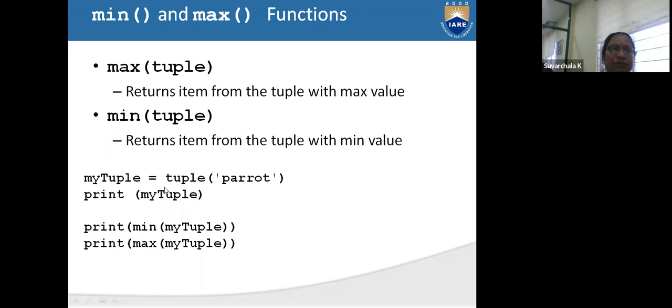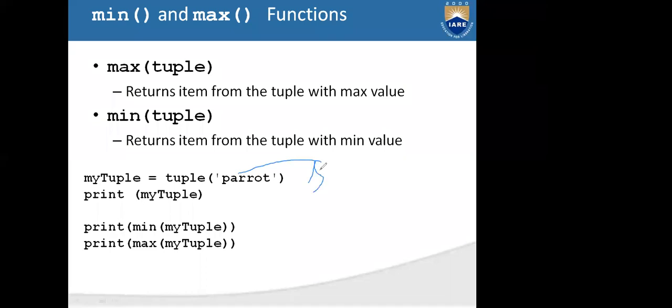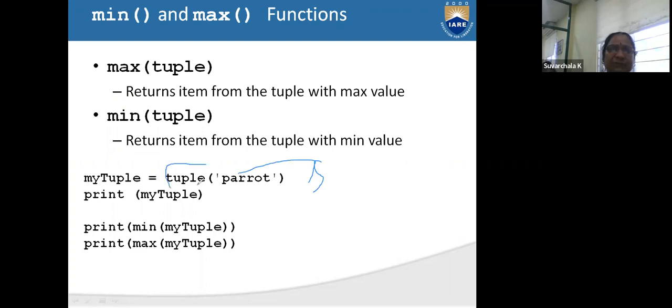You observe here, my tuple is equal to tuple of parrot. What is the type of the data parrot? Parrot is a string. I already explained this while explaining creation of tuples. This string type is going to be converted into a tuple.